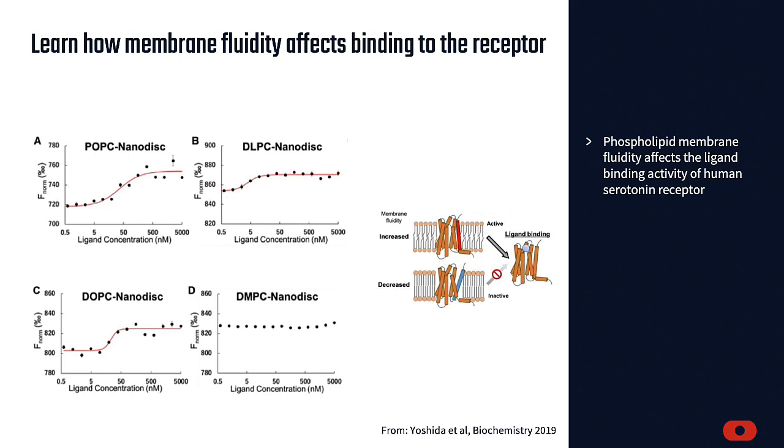And you can see from the binding curves that the lipid composition of the nanodiscs changes the interaction of the receptor with serotonin. And in some cases, there is no binding at all. So in this case, you can see how the Monolith allows you to directly measure the impact of lipid membrane composition and fluidity on ligand binding to your membrane protein.